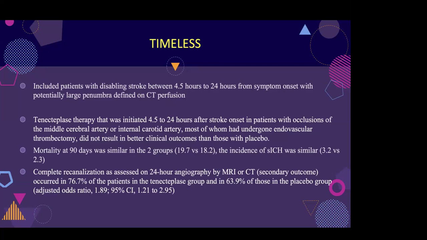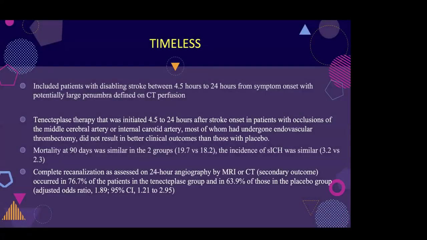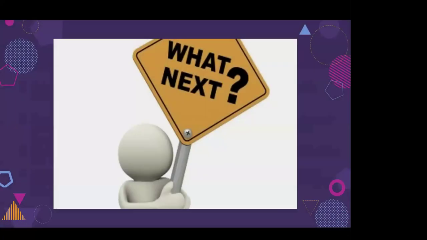The secondary outcome was recanalization rate, and it occurred more with tenecteplase, 76% in the tenecteplase group compared to 63.9% in placebo. And this was statistically significant. So what is next? Now we have established this.